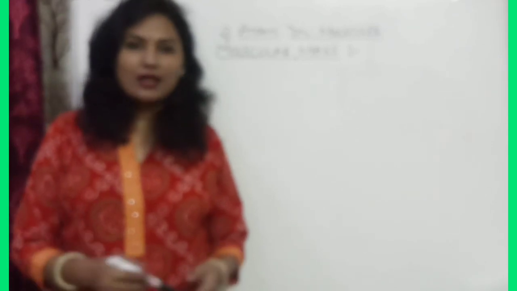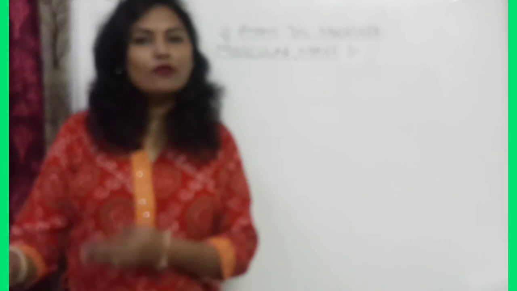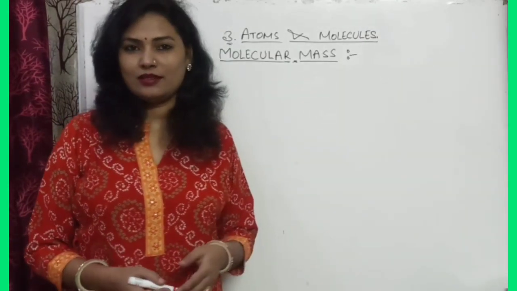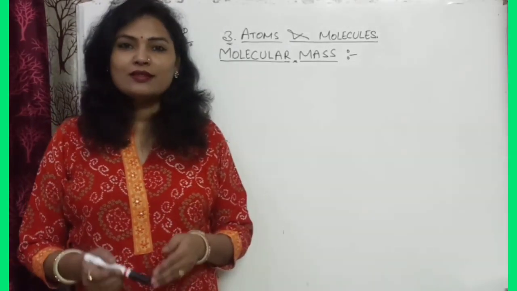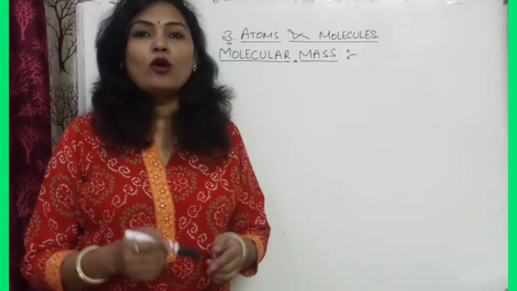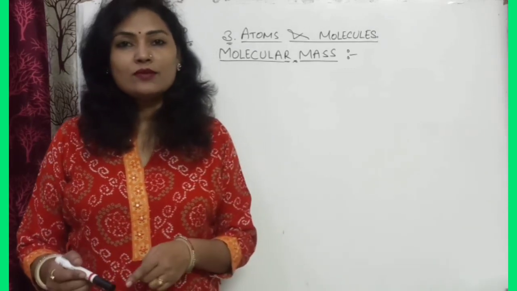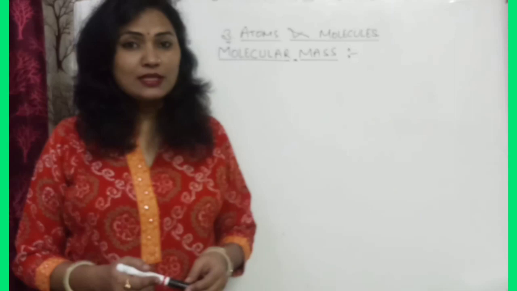Hello everybody. Today we will discuss molecular mass. If anybody is aware of the molecular formula, then we can calculate the molecular mass of that substance. What is molecular mass? Molecular mass is equal to the sum of all the atomic masses of all atoms of the molecule of the substance.